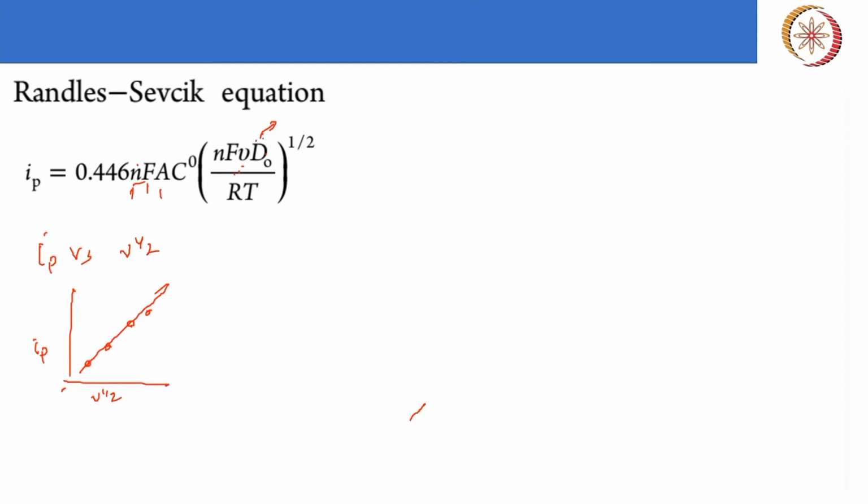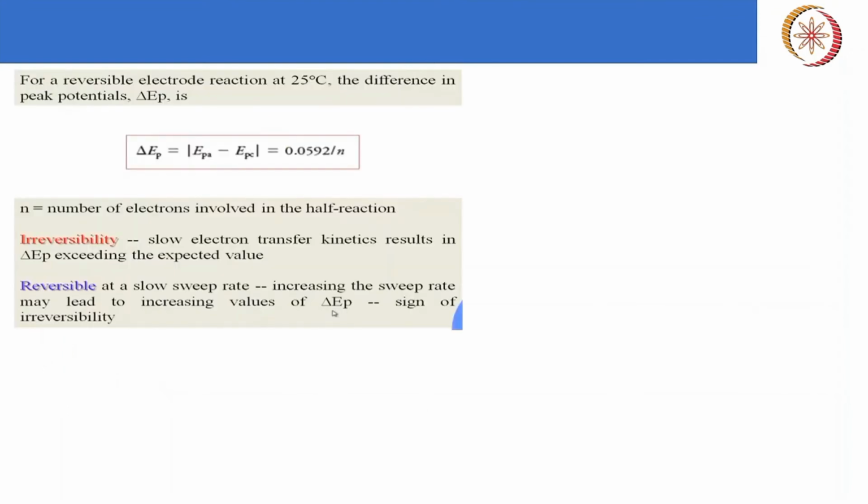If you know the diffusion coefficient but not the number of electrons, you can calculate the number of electrons, or if you know the number of electrons, you can calculate the diffusion coefficient. I have one practical video on calculating the diffusion coefficient. I will upload that video on the Google Drive so you can access and watch it.